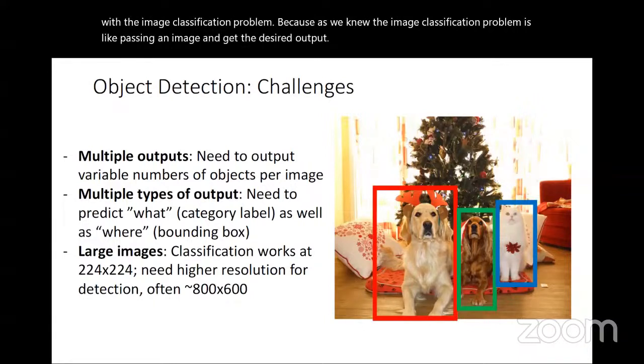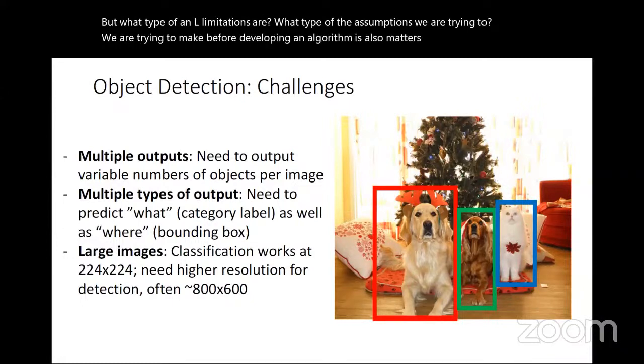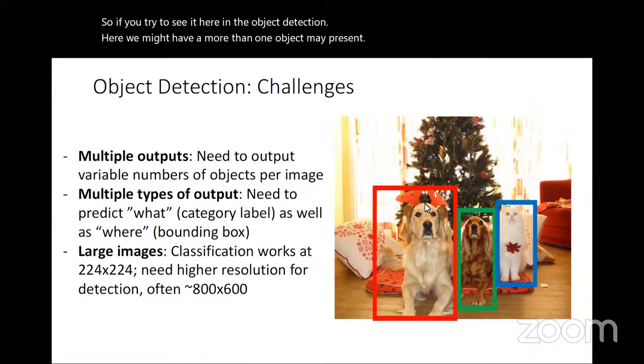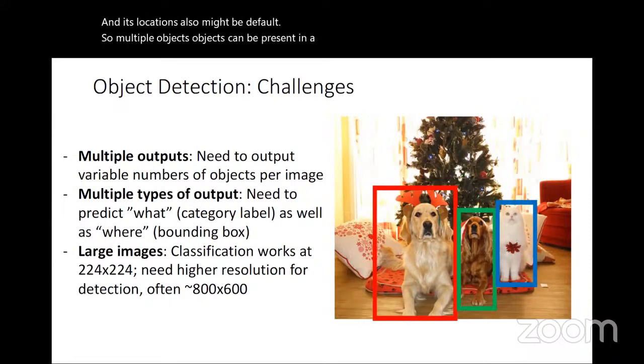But what limitations and assumptions we make before developing an algorithm also matter. In object detection, more than one object may be present, the size and shape of the objects may differ, and their locations might also be different. So multiple objects can be present in a single image. That is the first challenge.